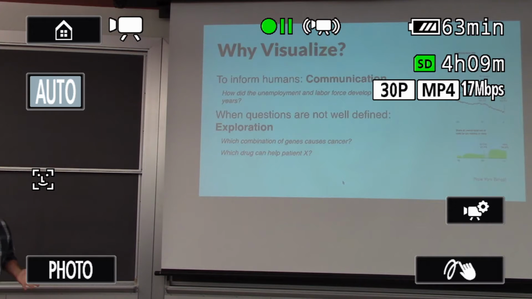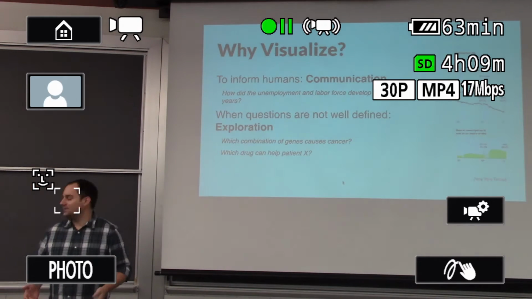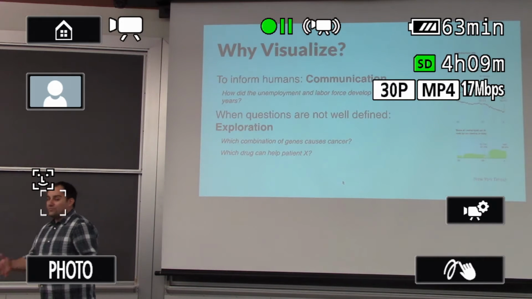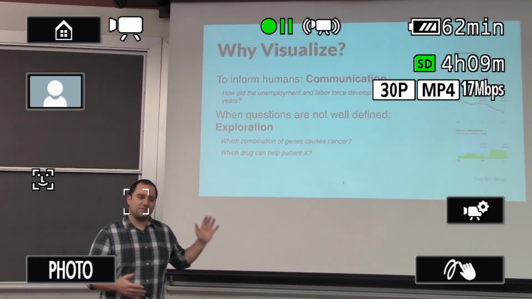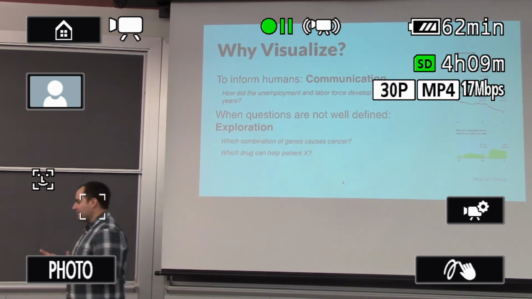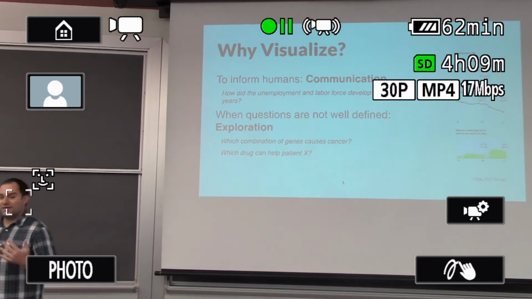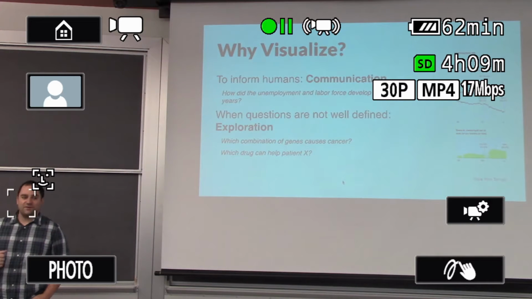when a question is not well defined, we're talking about exploration. So, which combination of gene mutations causes cancer? That's not a question that we have an easy answer to. That's not something that we can easily illustrate. We could, for example, do a research project and find the answer for one particular case. We could find that there is a certain statistically significant correlation between the mutation X and the development of breast cancer.